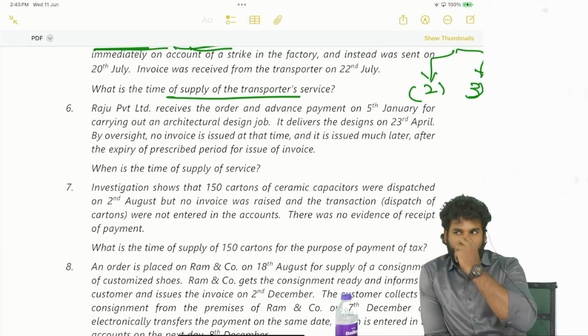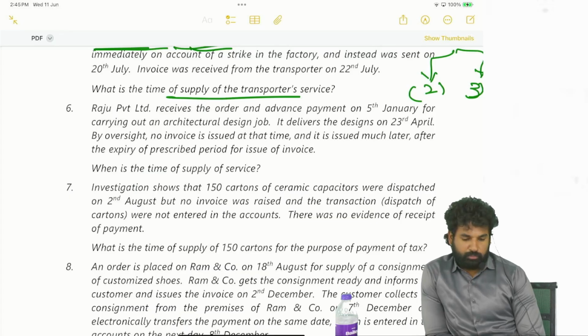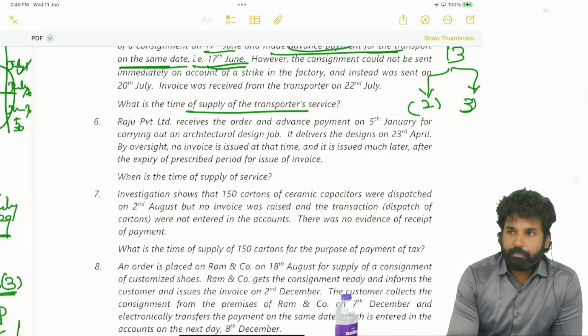Even construction service we have not seen. Renting of immovable property we have seen. Construction services, where have we seen? Works contract there. See, so this is forward charge only.